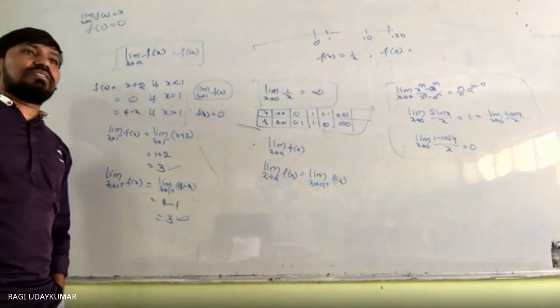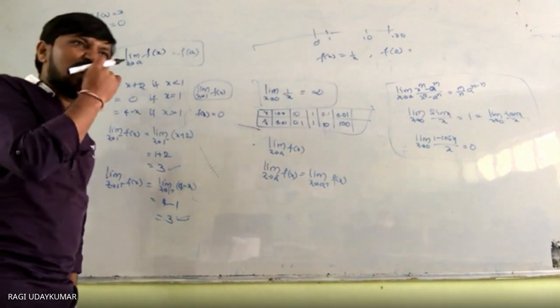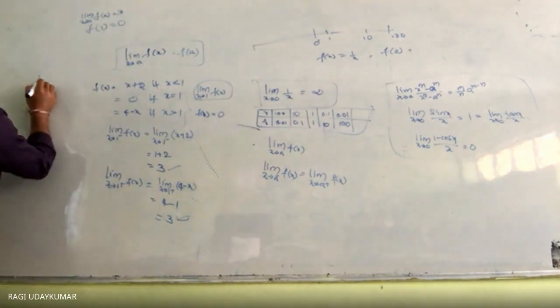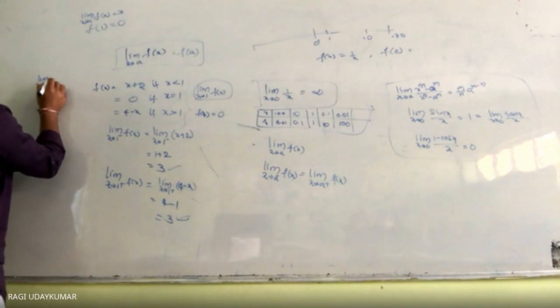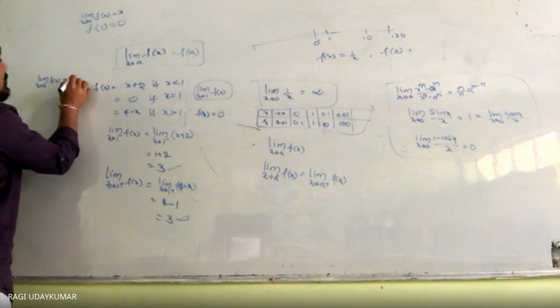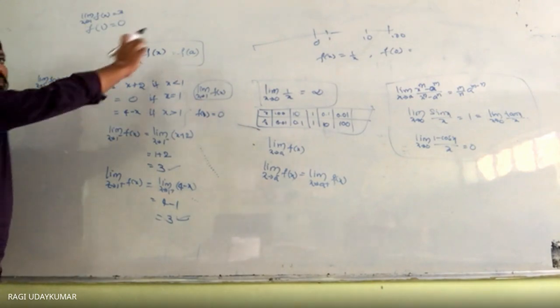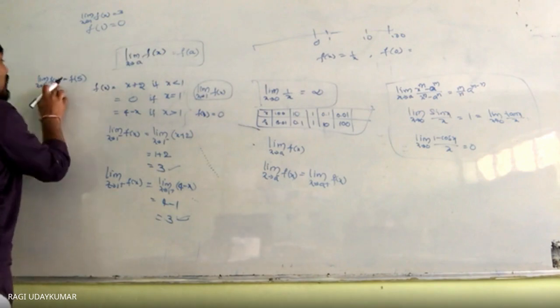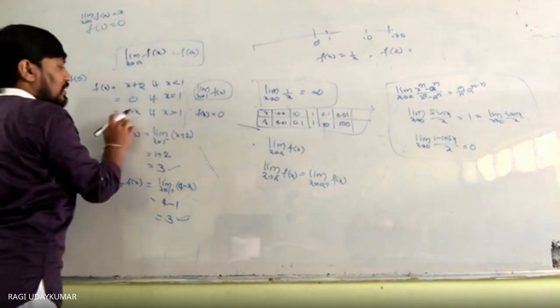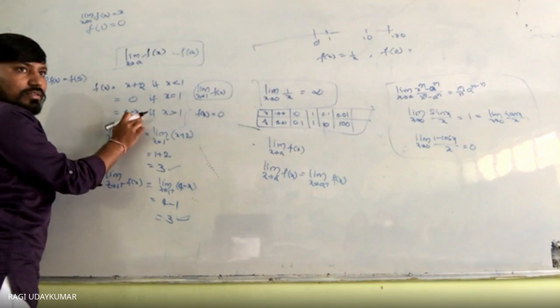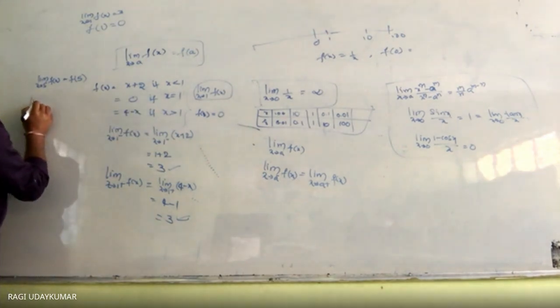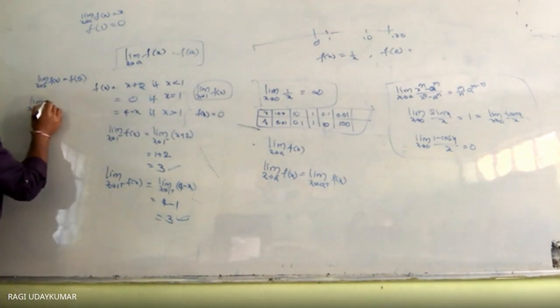Yes, it is continuous. At x equal to 5, you need to prove that the limit as x tends to 5 of f of x is equal to f of 5, as per the definition.